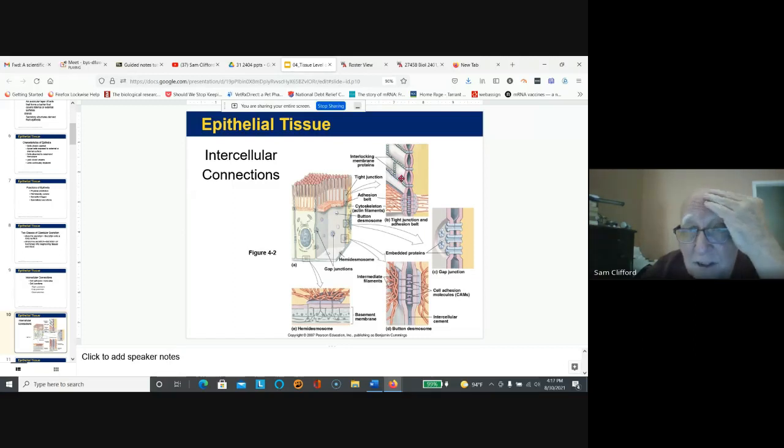A tight junction is another way that cells join together, so that there's no leakage through the tissues. So just be aware: gap junctions are electrical synapses, meaning that in the heart, electrical currents flow through these channels, and a tight junction is the way that cells are joined so that the whole tissue does not leak.